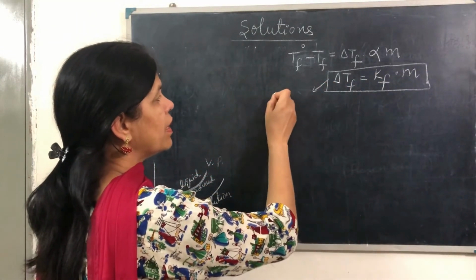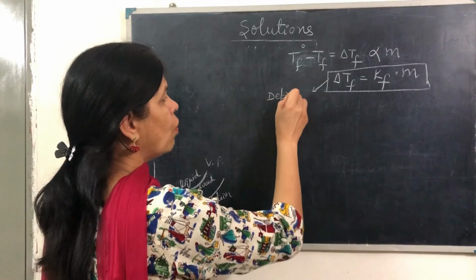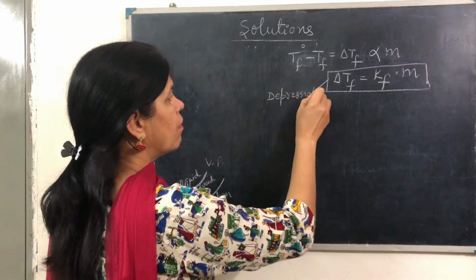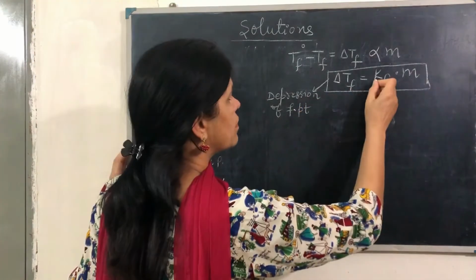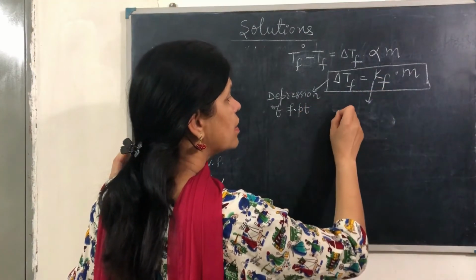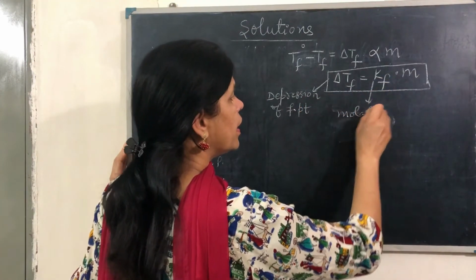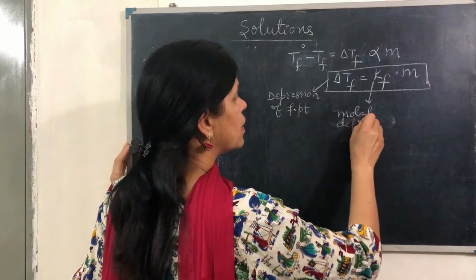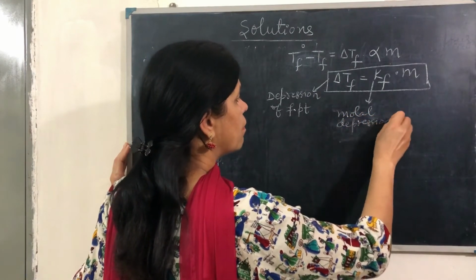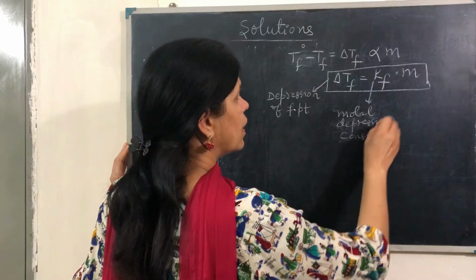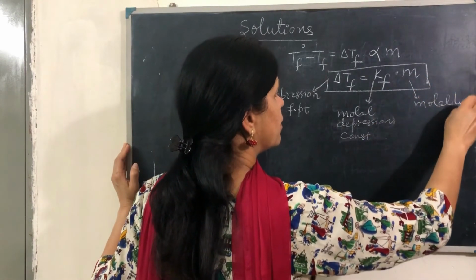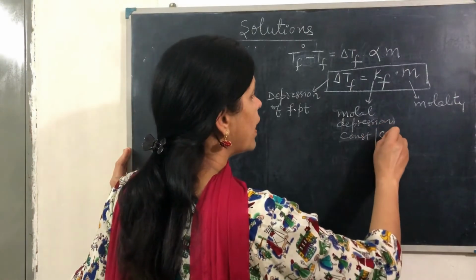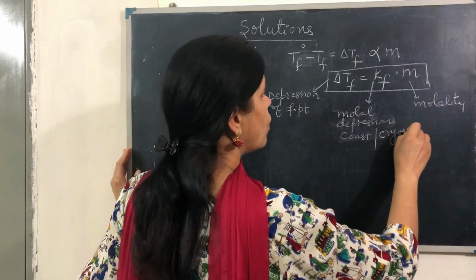Delta Tf is depression of freezing point, and Kf is molar depression constant, and m is molality of solution. It is also called the cryoscopic constant.